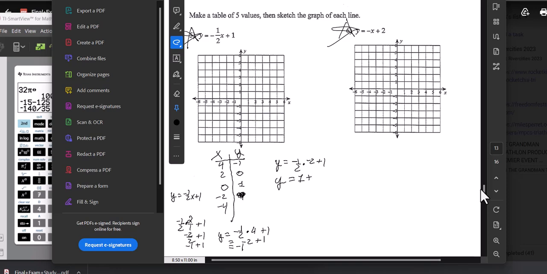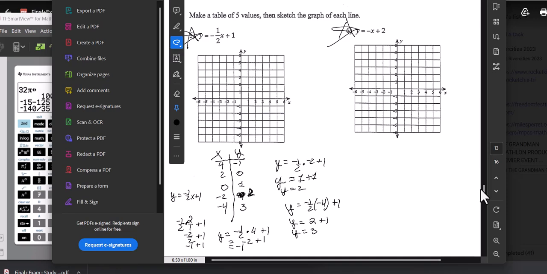So this becomes 1 plus 1, or 2. And lastly, plugging in negative 4, y equals negative 1/2 times negative 4 plus 1. Y equals 2 plus 1, or y equals 3.